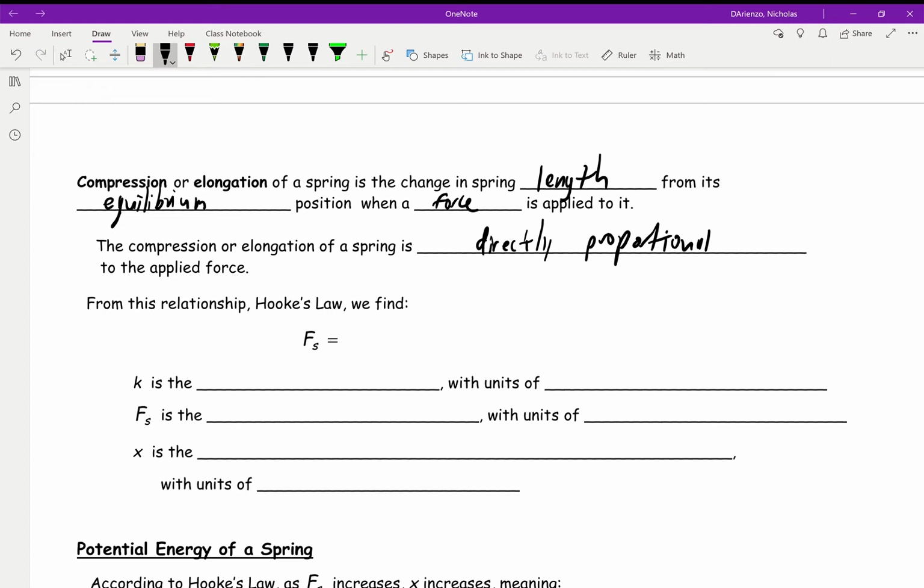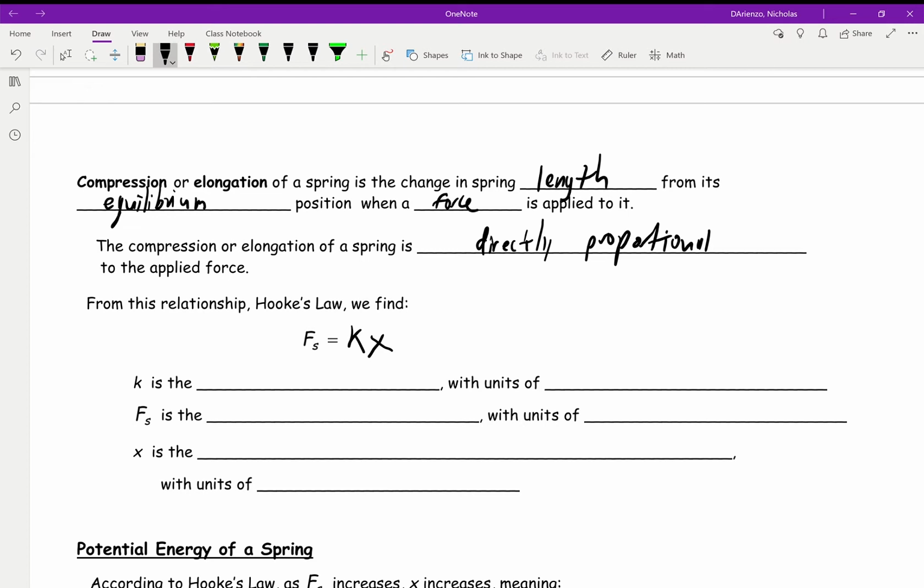And that's going to relate the applied force with what we call the spring constant. We represent that with k, and it is multiplied by the compression or elongation.